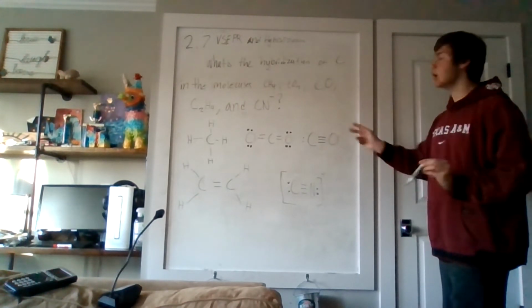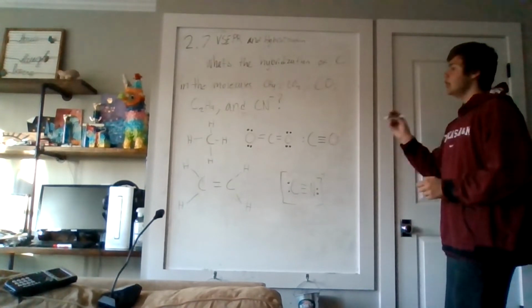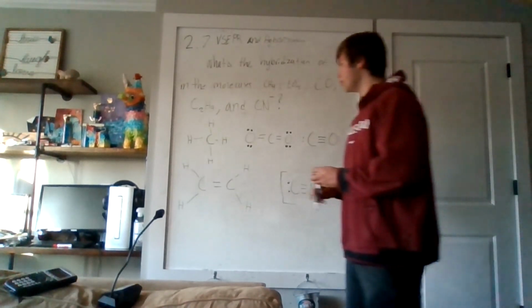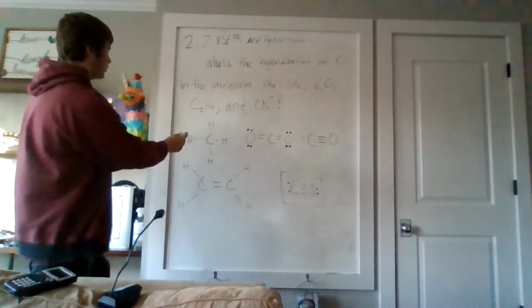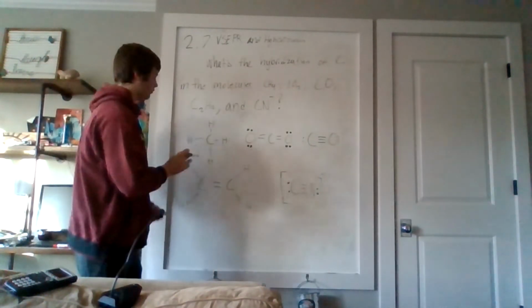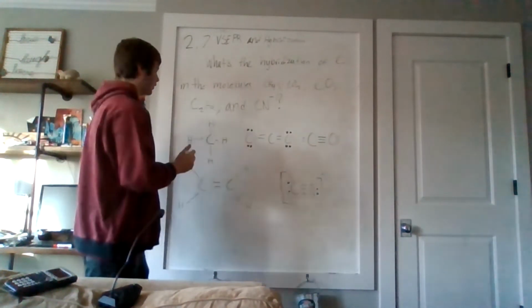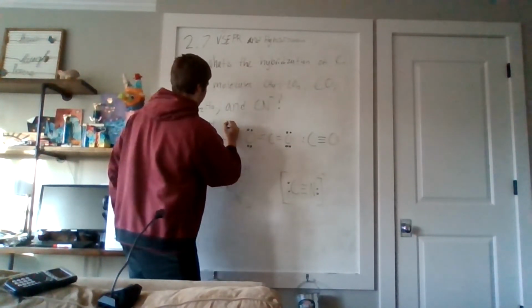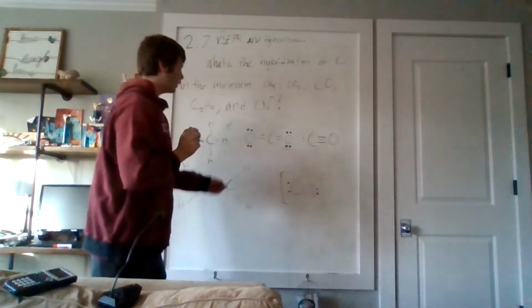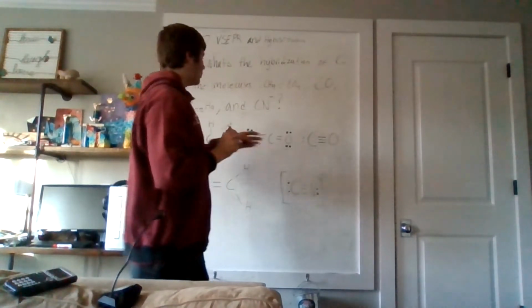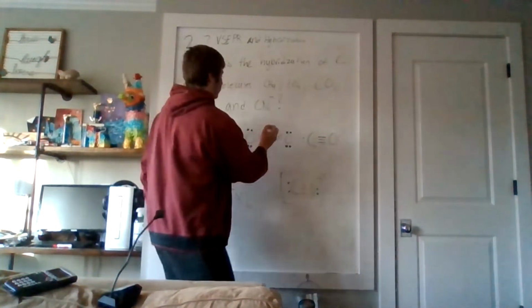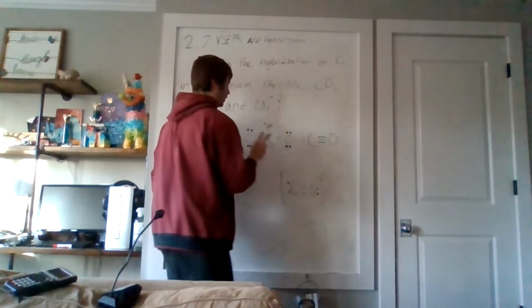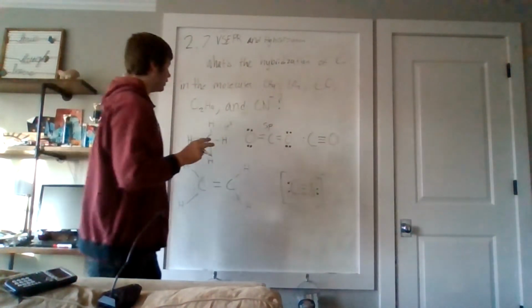So let's look at a few molecules here and see what the hybridization is. For methane, the hybridization would be sp3 because we have 4 domains. Now for carbon dioxide, it would be sp1, or just sp, because we have two domains.